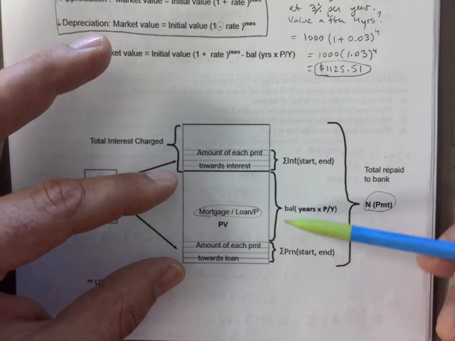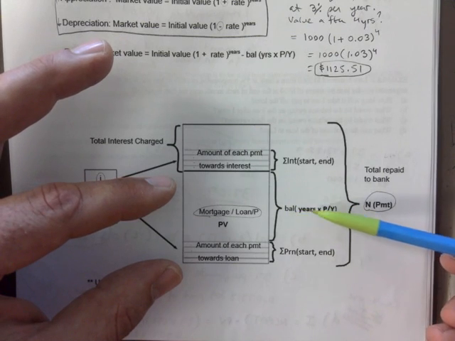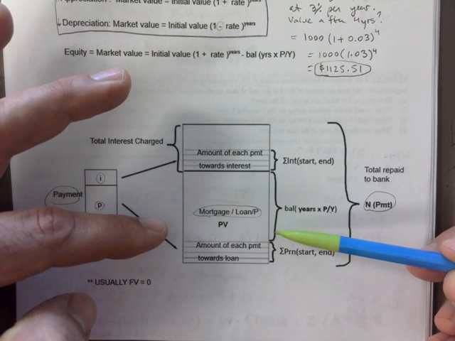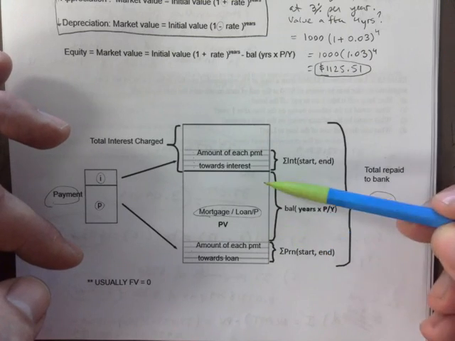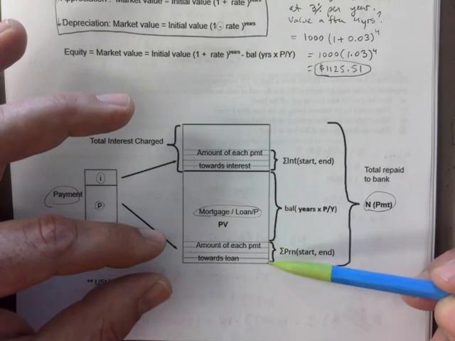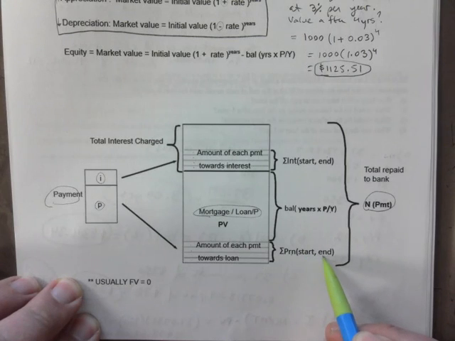You could figure out the balance that you owe them at any given time, and just subtract it from the actual starting loan, and then you'll get how much you actually paid off, like this part right here. Or you can use this function, the principal function, that is also fine. Okay.